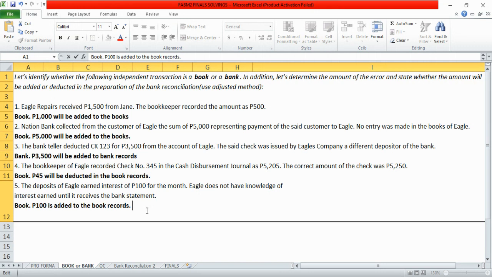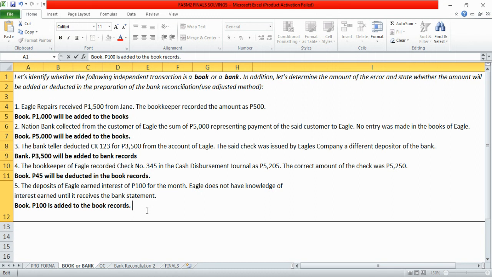How to identify a book and a bank? If you notice, in the number 1 example, Eagle Repairs received 1,500 from Jane, which means your bookkeeper recorded the amount of 500. So we have a missing 1,000 in our book, and that's why we have to add 1,000 to our books.